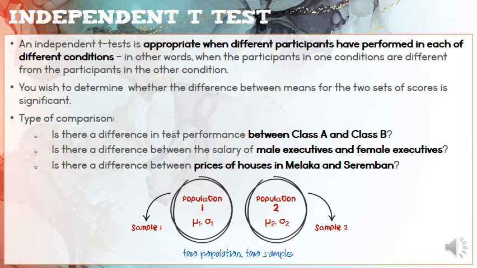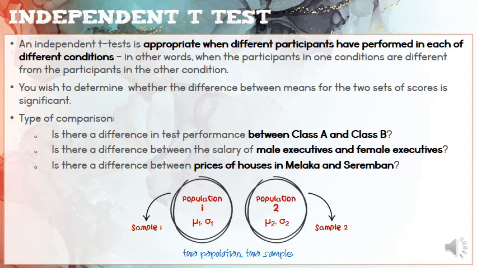So, you did a test and you want to compare the performance between class A and class B. Both class buat the same test, but orang dalam each class adalah two different participants.